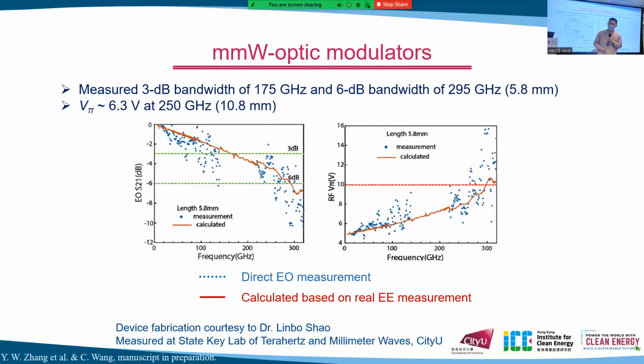We can see that about 175 gigahertz 3 dB bandwidth is achieved. Also, the 6 dB bandwidth is close to 300 gigahertz. And for the Vπ at 250 gigahertz, the Vπ is about 6.3 volts. This was measured at Stanford lab.